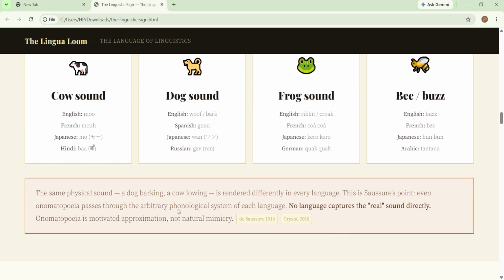So the same physical sound, a dog barking, a cow lowing, is rendered differently in every language. This is Saussure's point. Even onomatopoeia passes through the arbitrary phonological system of each language. No language captures the real sound directly. So onomatopoeia is motivated approximation, not natural mimicry.